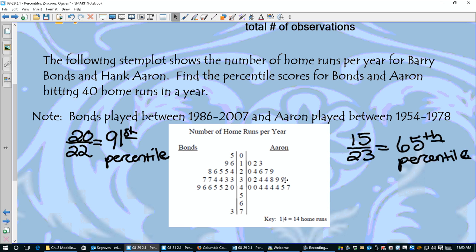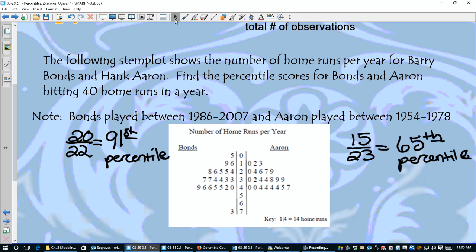So for Hank Aaron, there's 1, 2, 3, 4, 5, 6, 7, 8, 9, 10, 11, 12, 13, 14, 15 years in which he hit fewer than 40 home runs. So 15 out of his total 23 years puts a home run year of 40 at the 65th percentile for him.